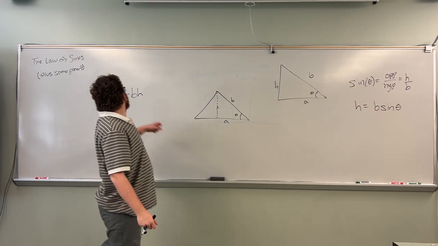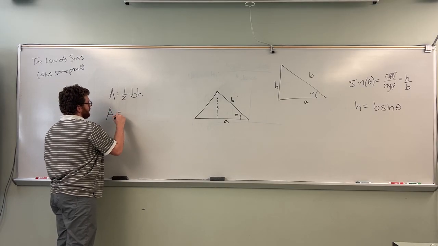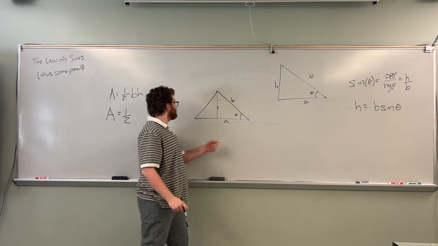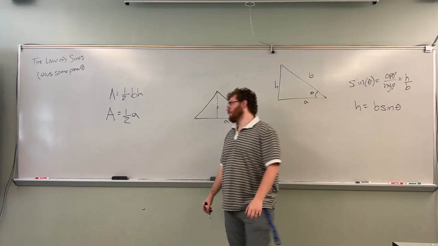And now I can plug that into my area formula. So the area of the triangle equals 1/2. My base is A. And then my height is B sine theta.